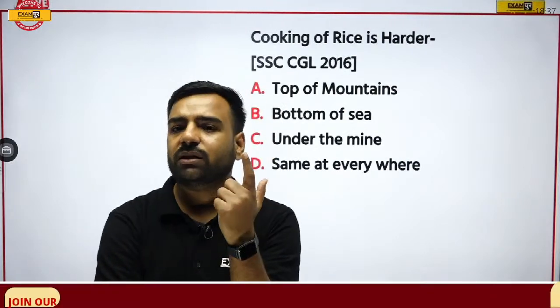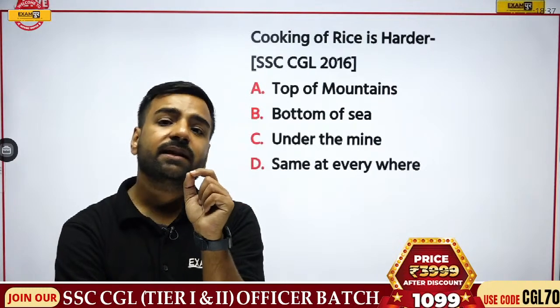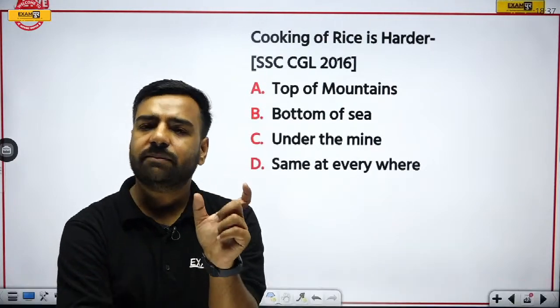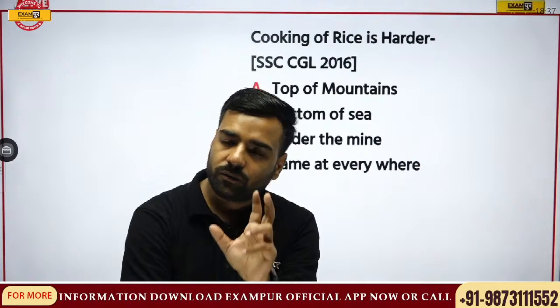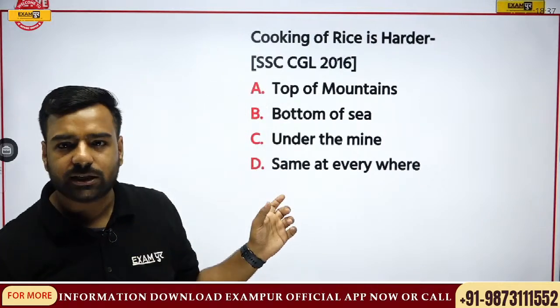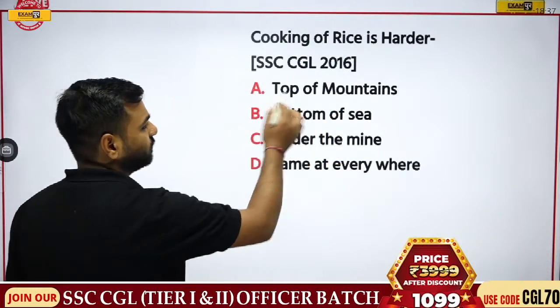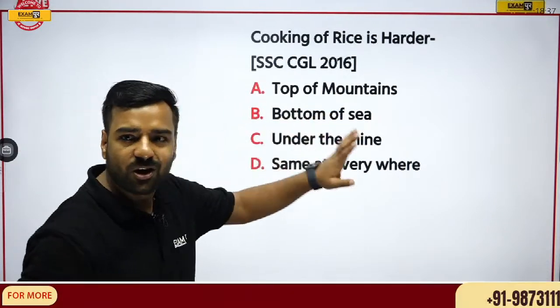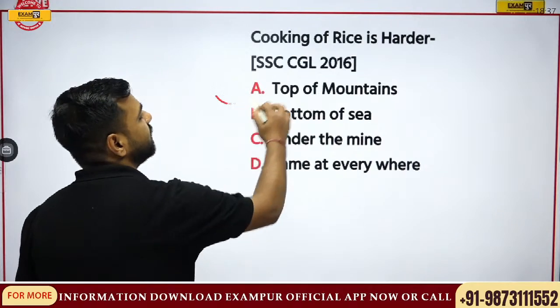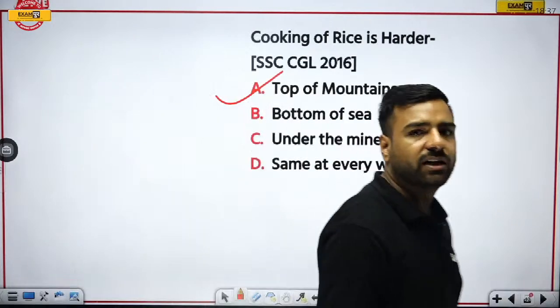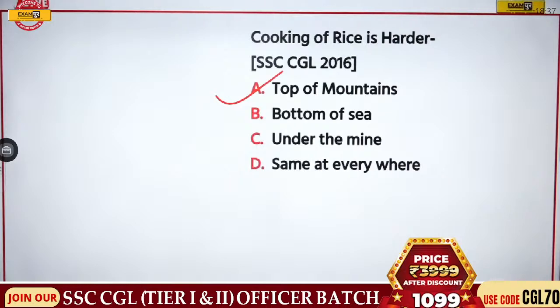One more thing that can be done is adding salt. Please remember, adding salt would be a good option. The question is asked regarding the mountain or the bottom of the sea, so the only option left is option A. That is, at the top of the mountain, it's difficult to cook rice. Why? Atmospheric pressure.